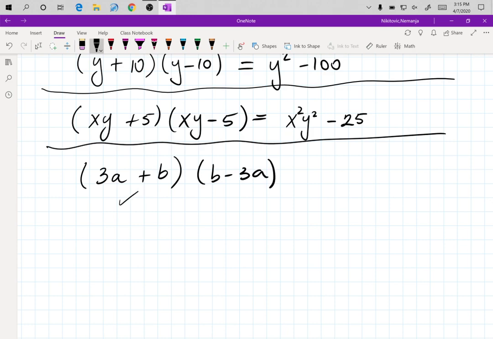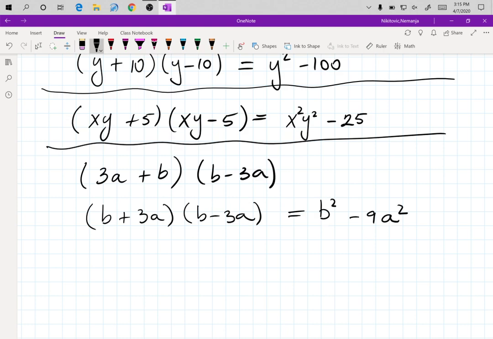Luckily, this one is addition and it's commutative, so we can switch this one. And now we have b and b and 3a and 3a, and then a plus and a minus. So we can just say b squared minus 9a squared. You square b, you square 3a, and that's it. So it's very structured.